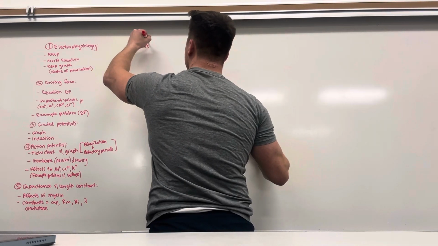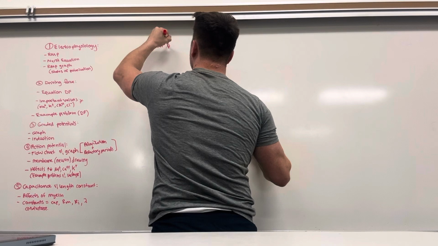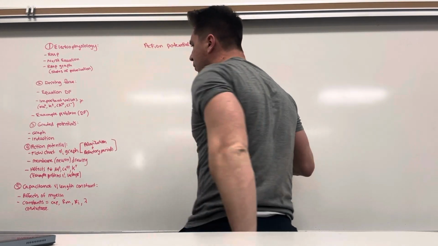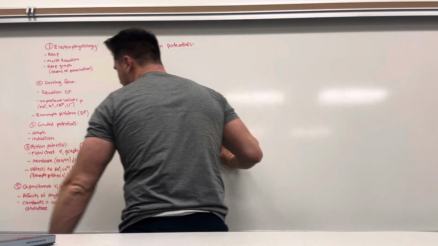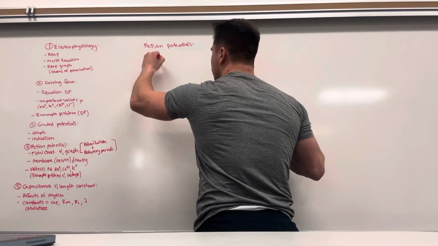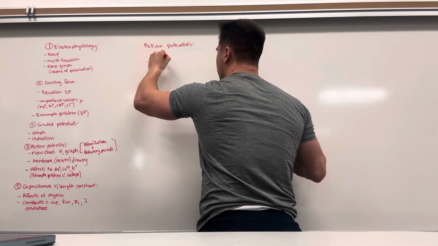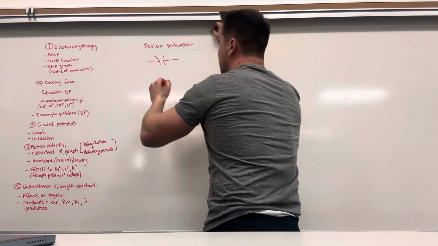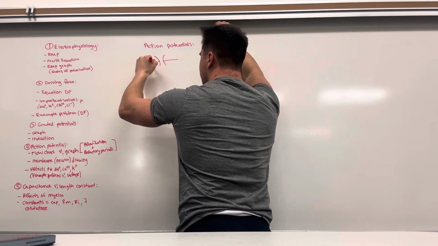Action potentials. Okay, first thing I want to do is I want to draw a flow chart of an action potential. What ends up happening with an action potential is we have this membrane, okay? And we have stimulus hit. So threshold's met.